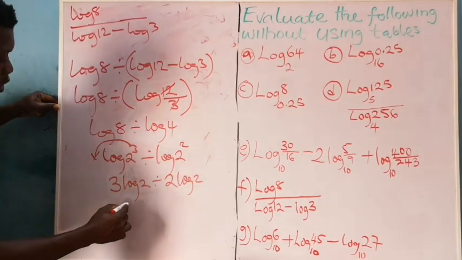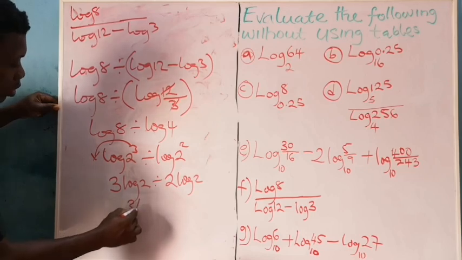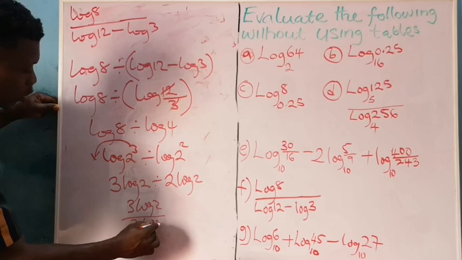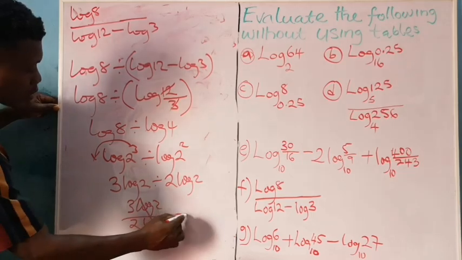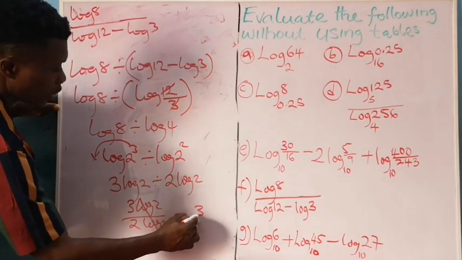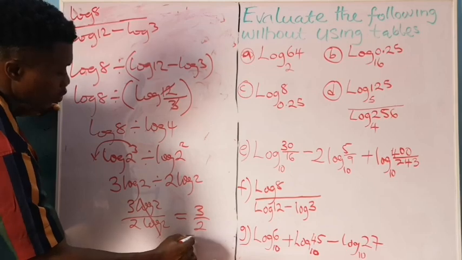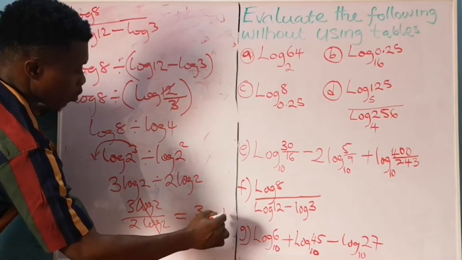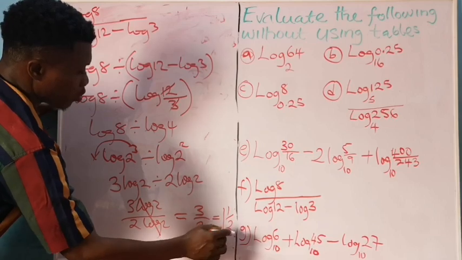Okay, now this is going to be 3 log 2 divided by 2 log 2. This will now cancel for us to have 3 all over 2, which is now 1 whole 1 all over 2.